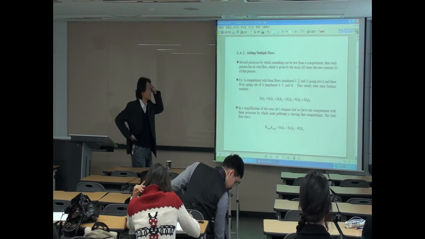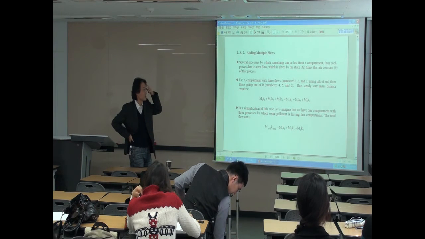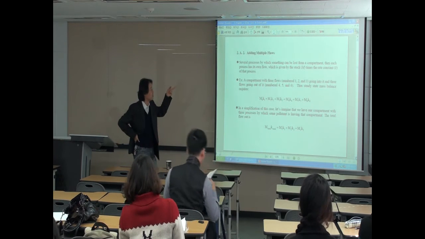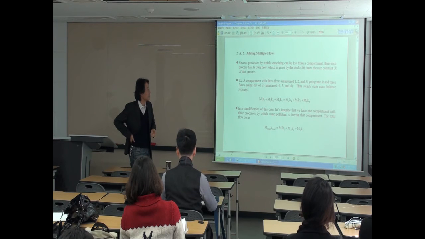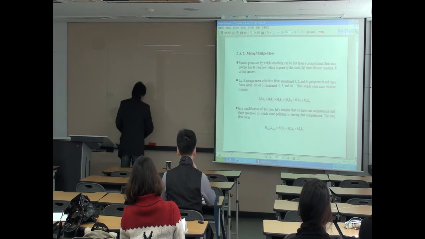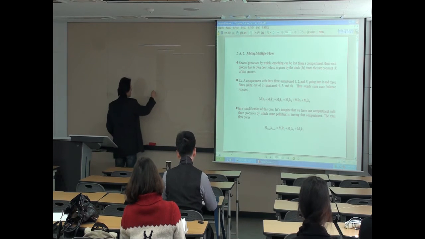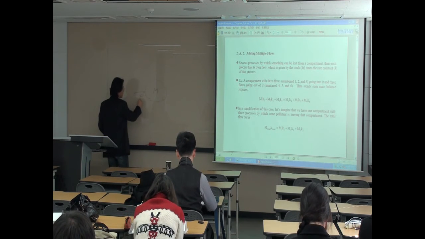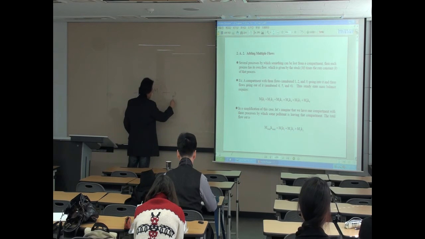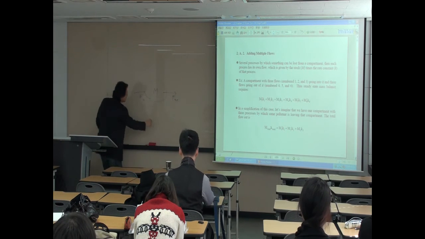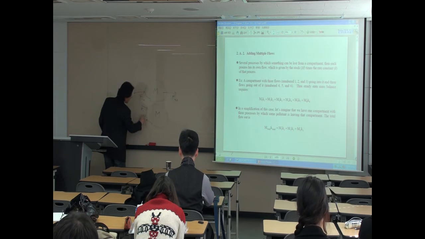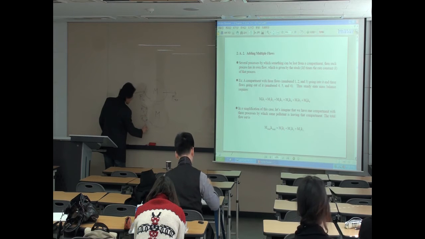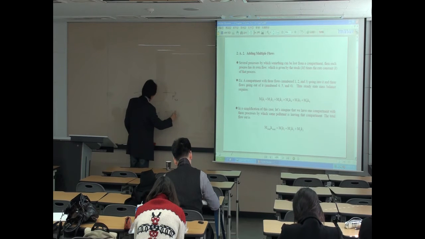Just assume several processes by which something can be lost from a compartment. Each process has its own flow, which is given by the stock times the rate constant. Think about this. The previous one was a stock that just goes in with F1 and just goes out, right? But in this case, we can think about multiple ways.